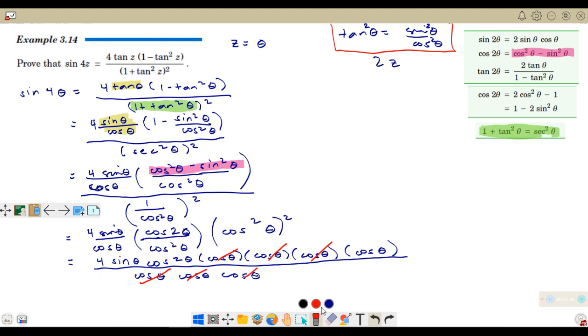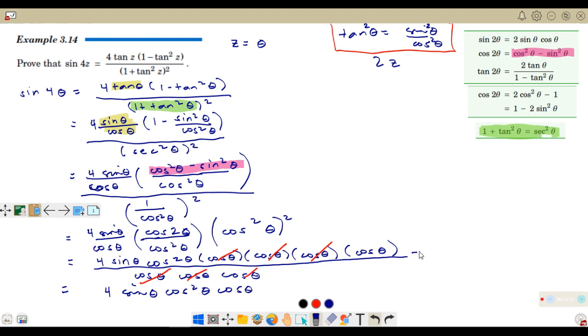So, isang cosine na lang yung matitira. Pwede idiretso nyo na siya as 4 sine theta cosine squared theta. Tapos yung sa dulo, we have cosine theta. Wala na tayong denominator. Ang denominator na lang niya is 1. Pagka denominator ay 1, hindi na natin siya sinusulat.